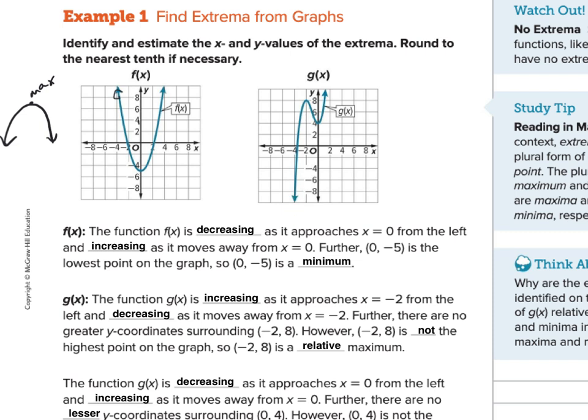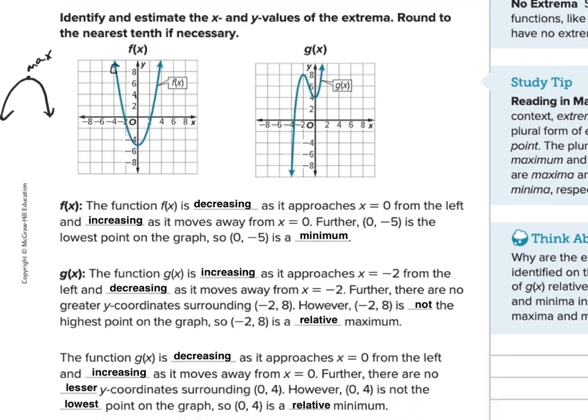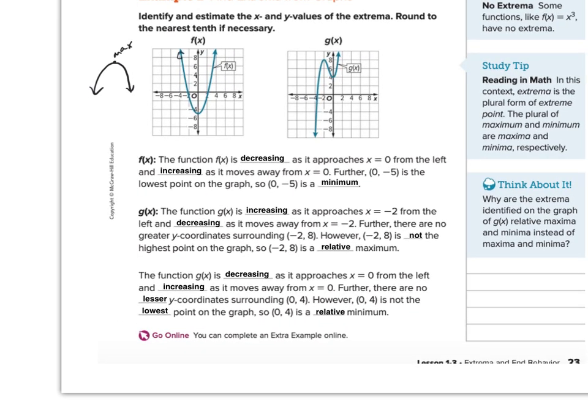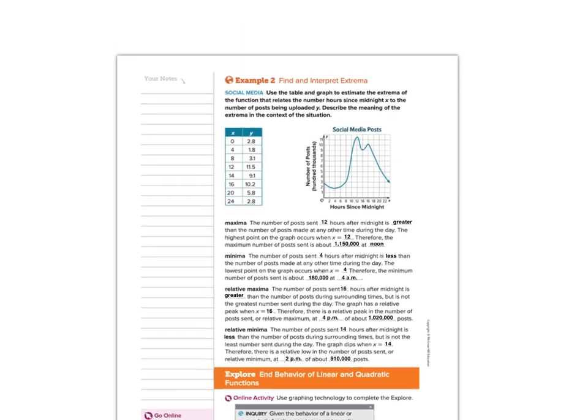That's why it is a relative max and min, versus over here, this was a minimum because it was ultimately the lowest point. And this one has no maximum because it continues going on forever and ever. So that is understanding what my extrema, in the sense of minimums and maximums, do.